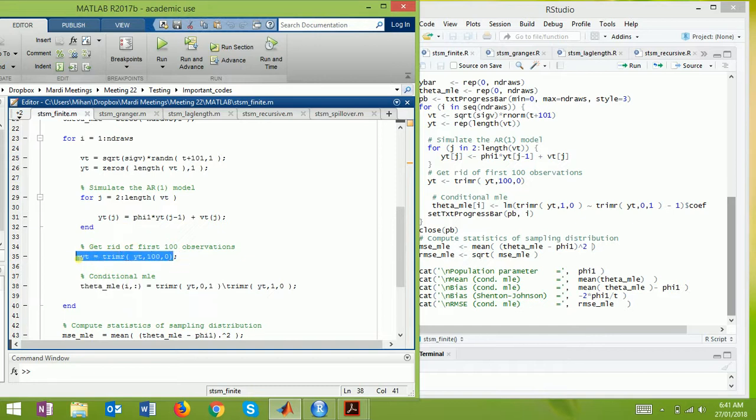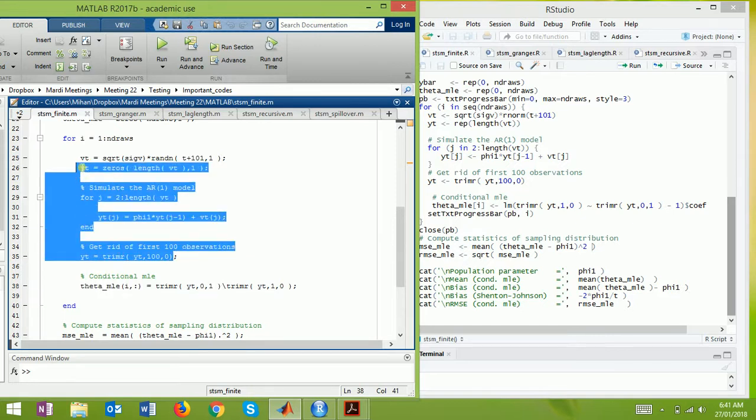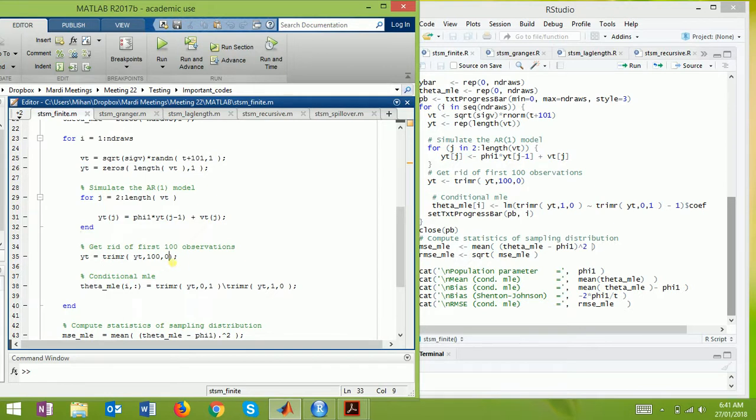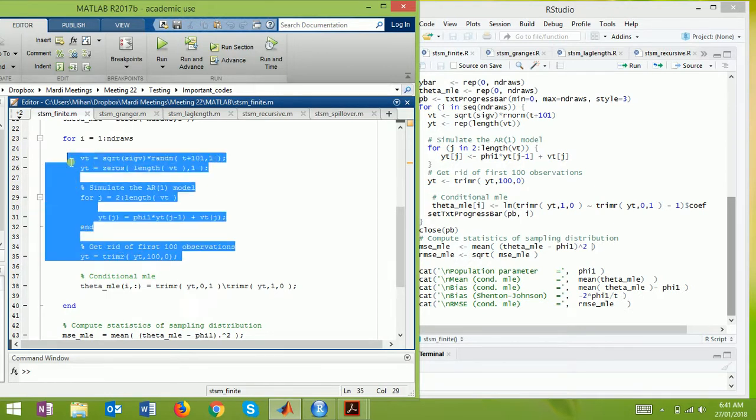So we have 50 residuals, we have 50 y's, and with that we have yt. Up until this point we don't need any parameter estimation.